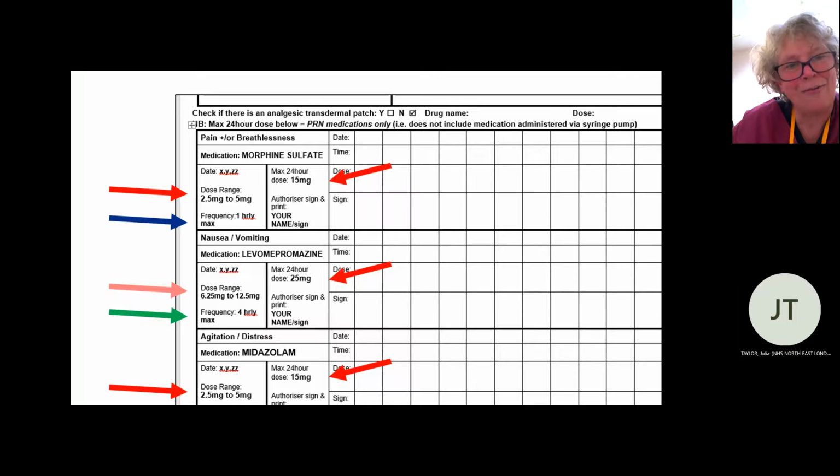And that is what our NELF guidance suggests that we do. It isn't unreasonable to put 30 milligrams, as in 5 milligrams times 6 max, but anything more than that is a bit wild, and you'd have to be asking why would you be giving so much in a 24-hour period? You would need to be revising this bit of the chart if the patient was needing so much. They might need a syringe pump.